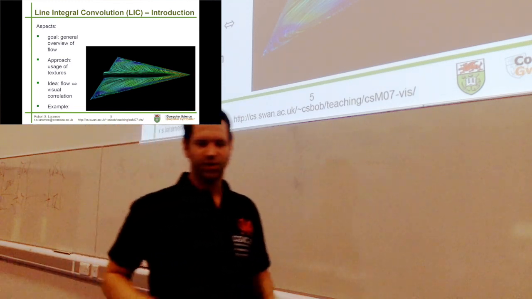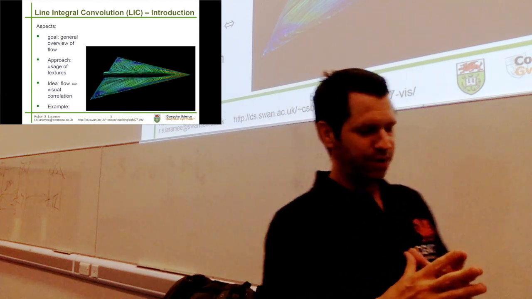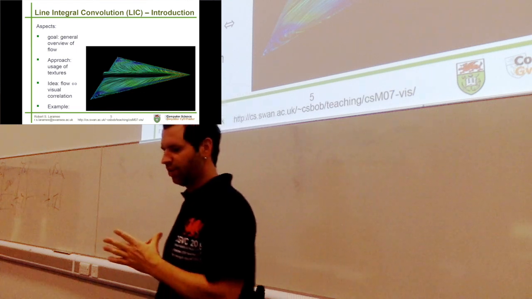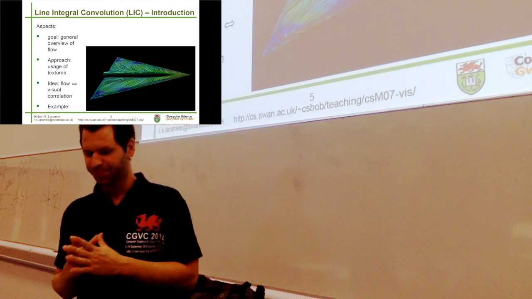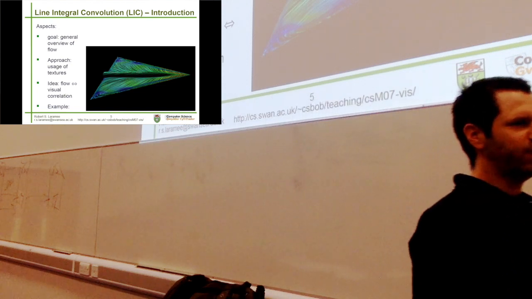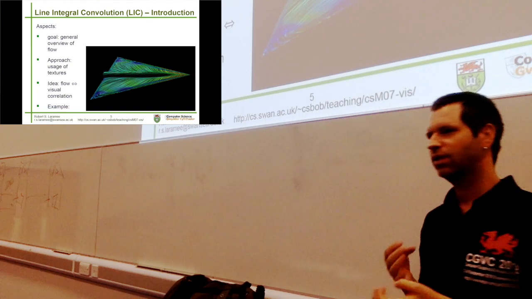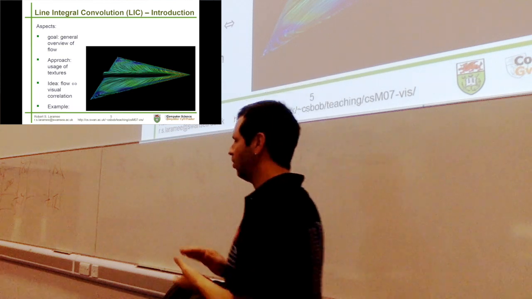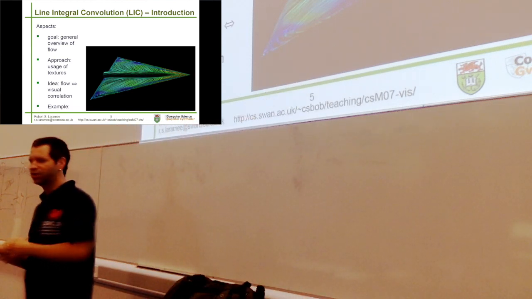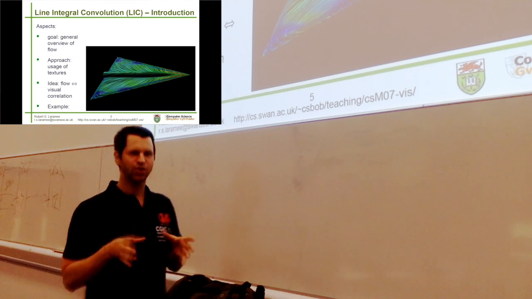This texture-based flow visualization method provides a very nice overview of the flow. That's one of its nice properties. And instead of trying to compute, for example, polygons like triangles or quadrilaterals or something like that, or edges, it's all about textures.